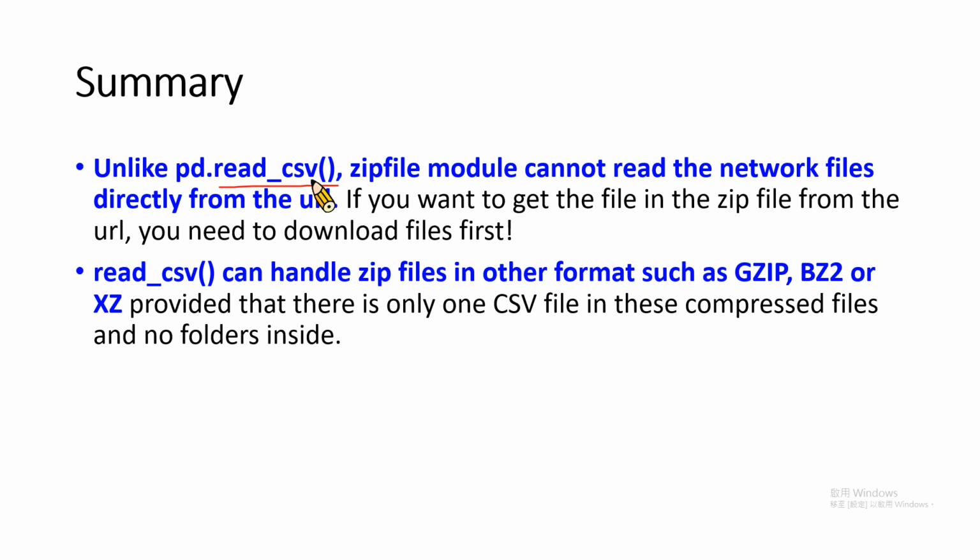So if you want to open a network file, you first need to download the network file, maybe onto your local disk. Then use the previous method we mentioned to convert the zip file into the data frame. The second is that read CSV can also handle other compressed formats like gzip, BZ2 or XZ.